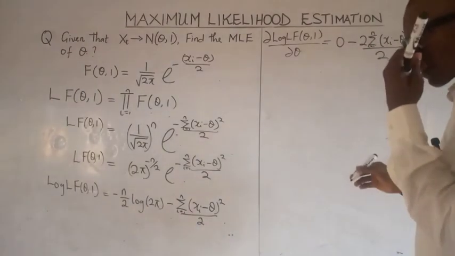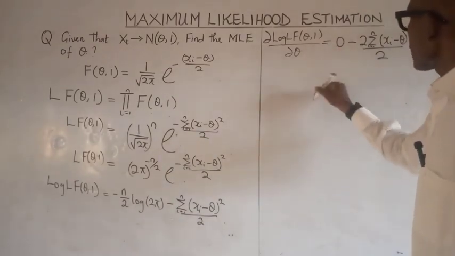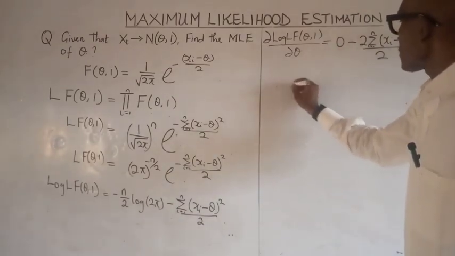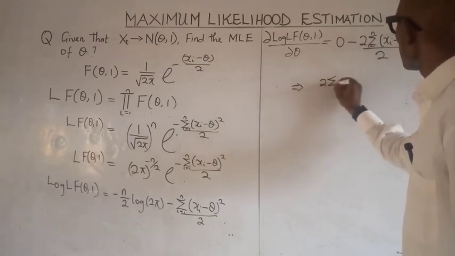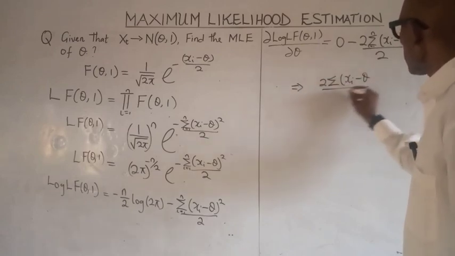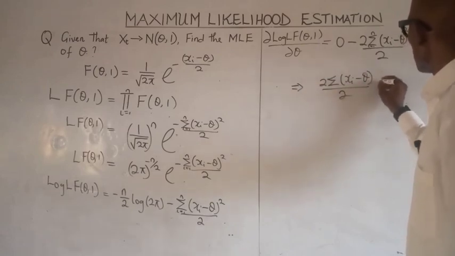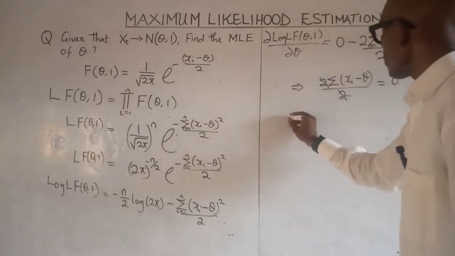Like we said, if we differentiate, we equate to 0. We can bring this down, which implies that 2 summation of (xi minus theta) all over 2 is equal to 0. So this can cancel this.